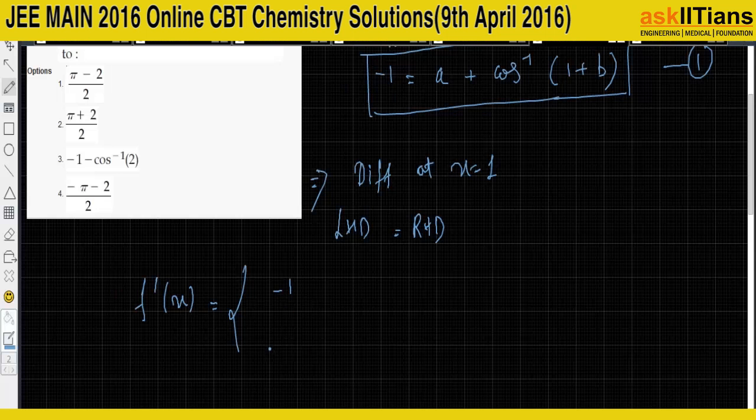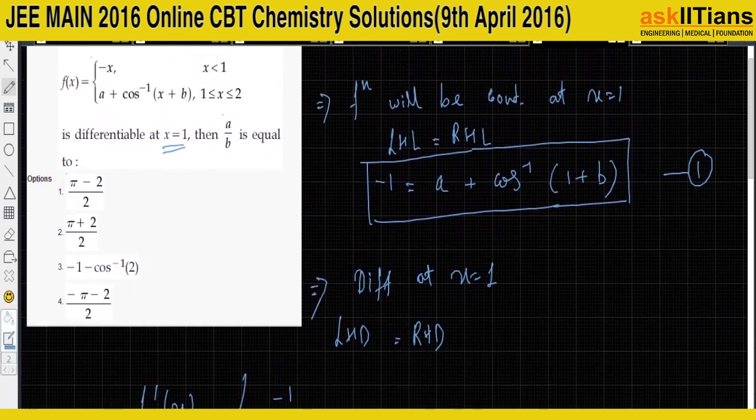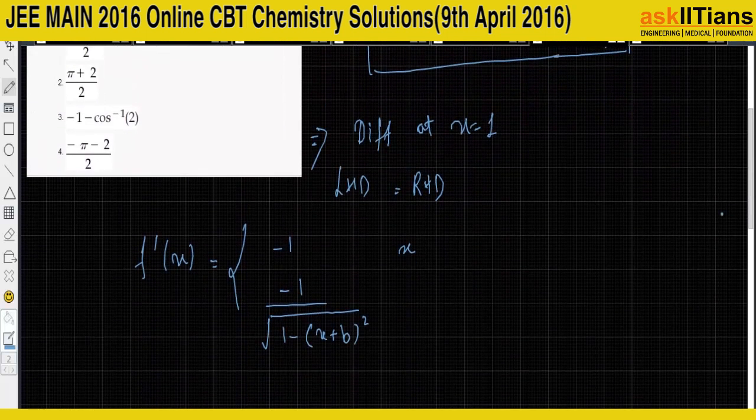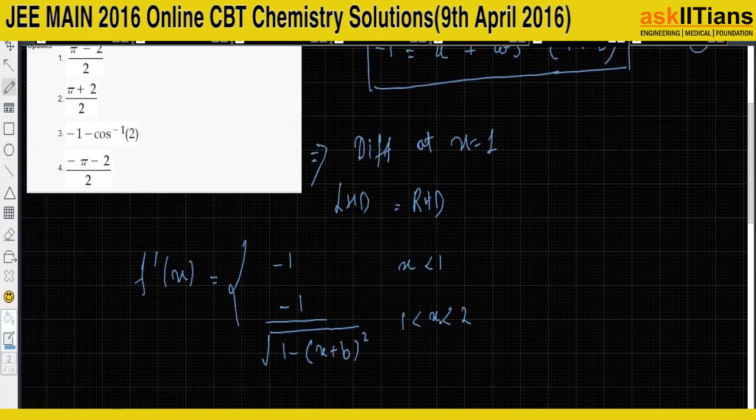The differentiation of minus x is minus 1, and the differentiation of cos inverse of x plus b will be minus 1 by under root of 1 minus x plus b whole square, into the differentiation of x plus b, that's 1. The intervals don't change, so this is 1 to 2. Okay, we have equalities here.